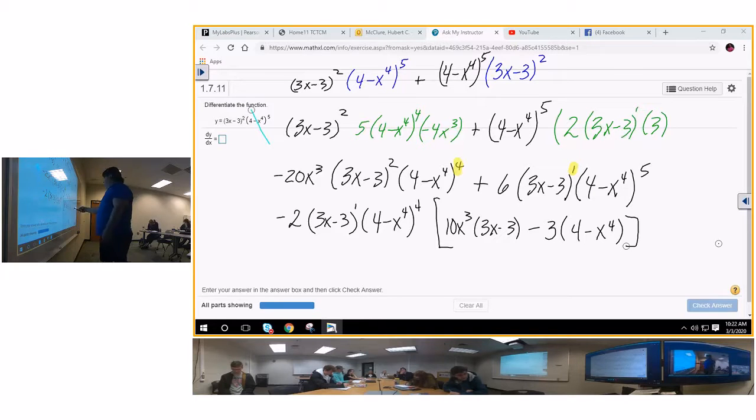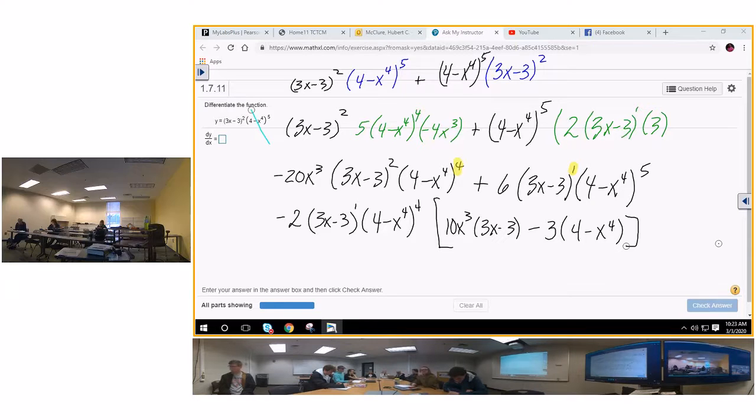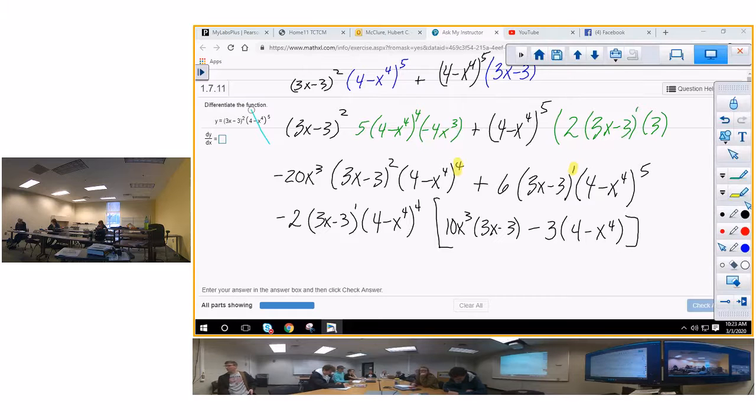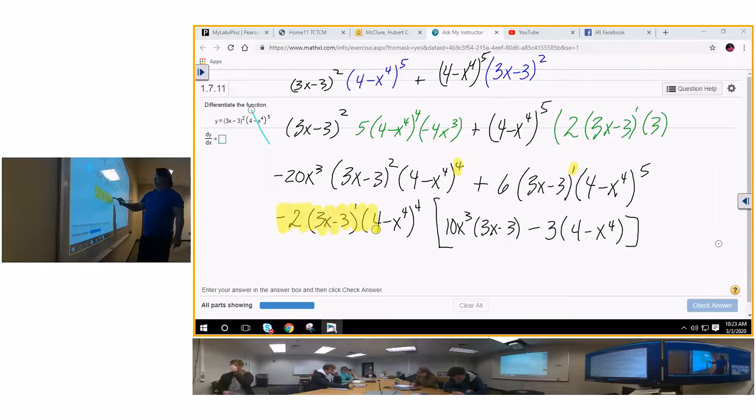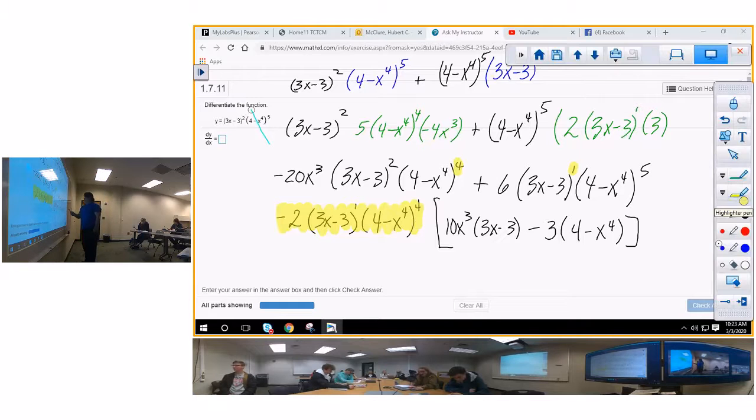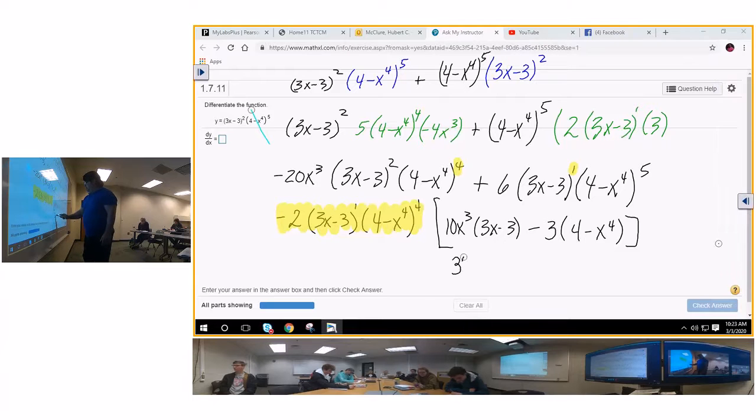I'm going to go ahead and see if I can simplify some of this in the middle. I'm going to highlight this. This is the same. I think we've done a problem like this before, and they did it differently when factoring out. That's going to stay the same. I'm going to focus on this middle part. That'll be 30x to the fourth minus 30x to the third minus 12, minus 3x to the fourth, be a plus, sorry.